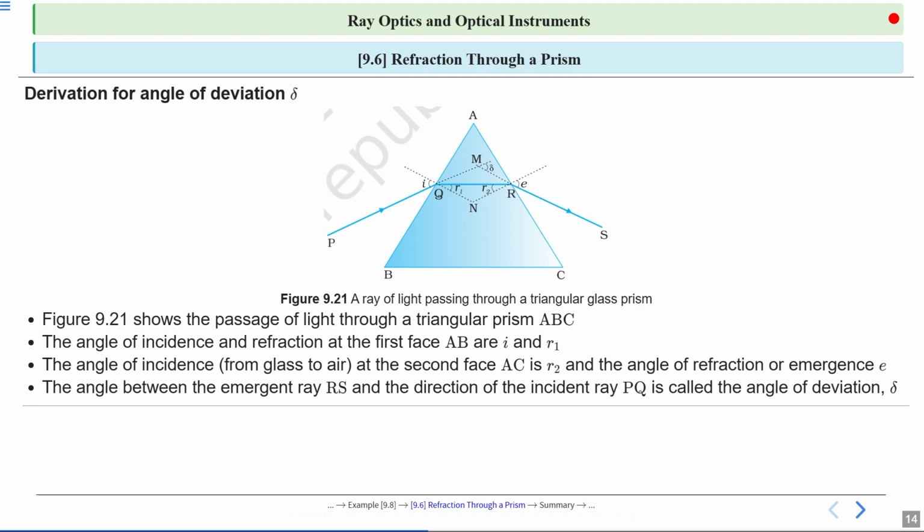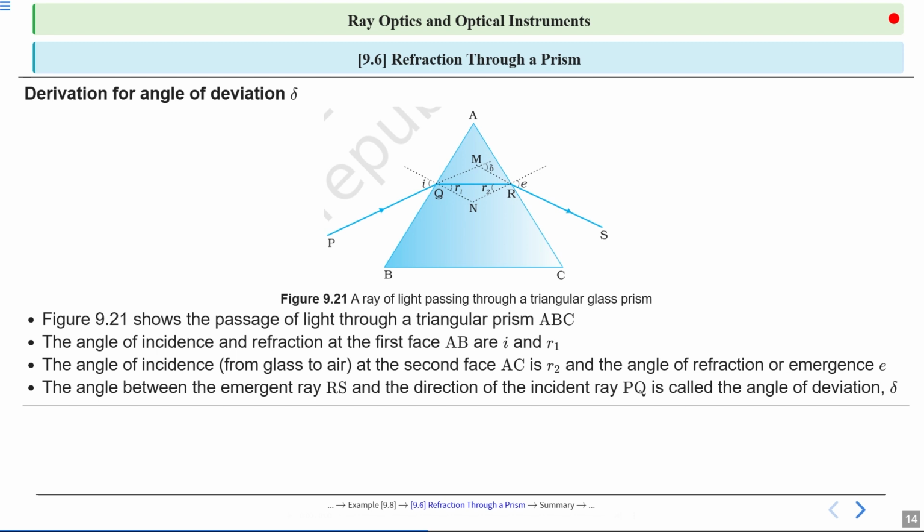Okay, so the angle between the emergent ray RS and the incident ray PQ is called the angle of deviation, as you can see in the diagram. The PQ ray is the incident ray and the dashed line is the normal to the AB surface.